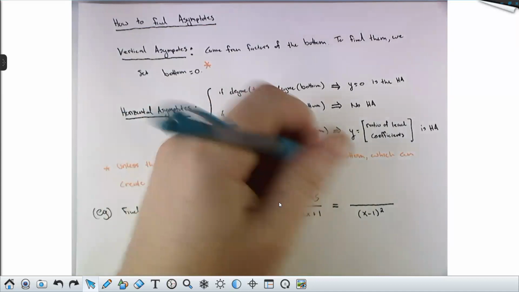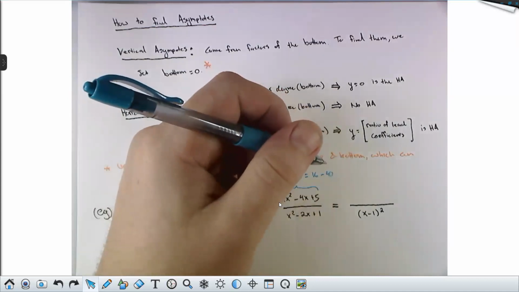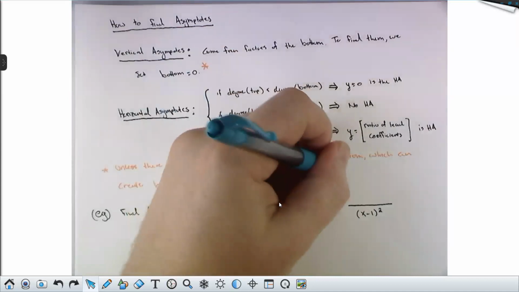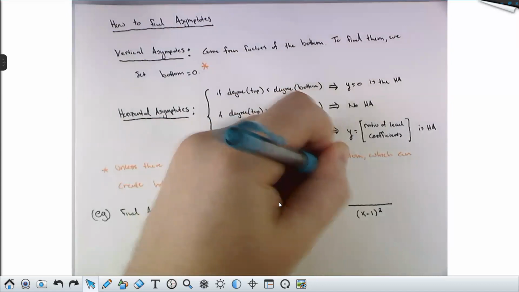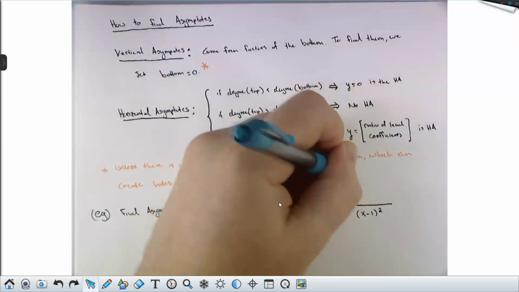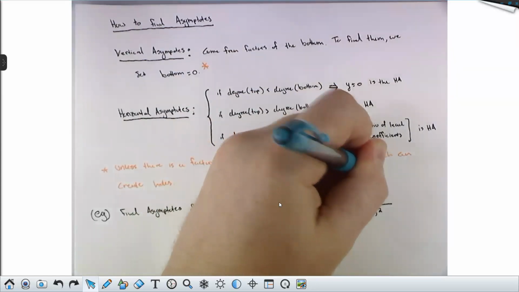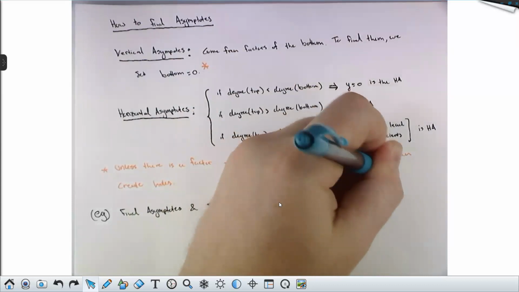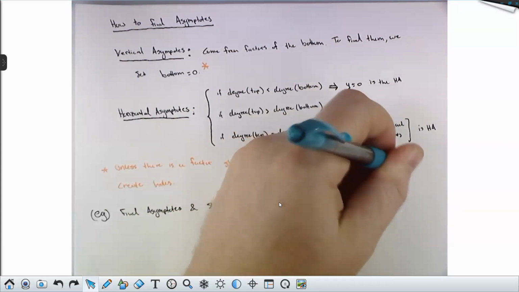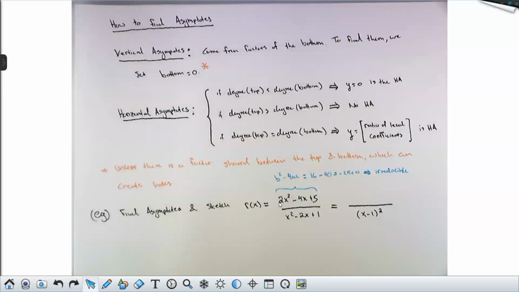That's negative 24, which is definitely negative. So this is irreducible. It doesn't factor, so the top doesn't have any real roots.